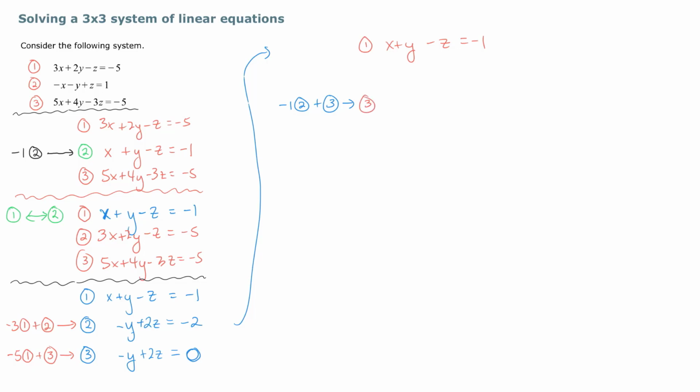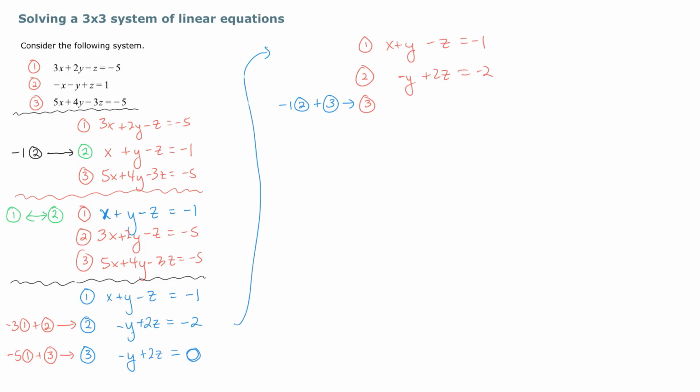I'm going to keep the same equation 2. Negative y plus 2z is equal to negative 2. Be a little bit more organized here. All right.